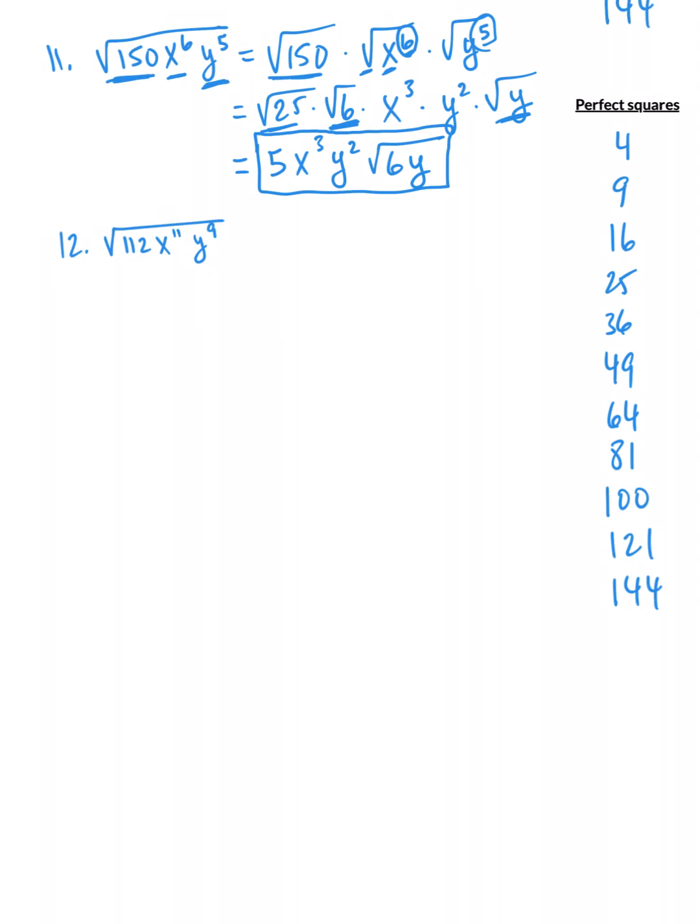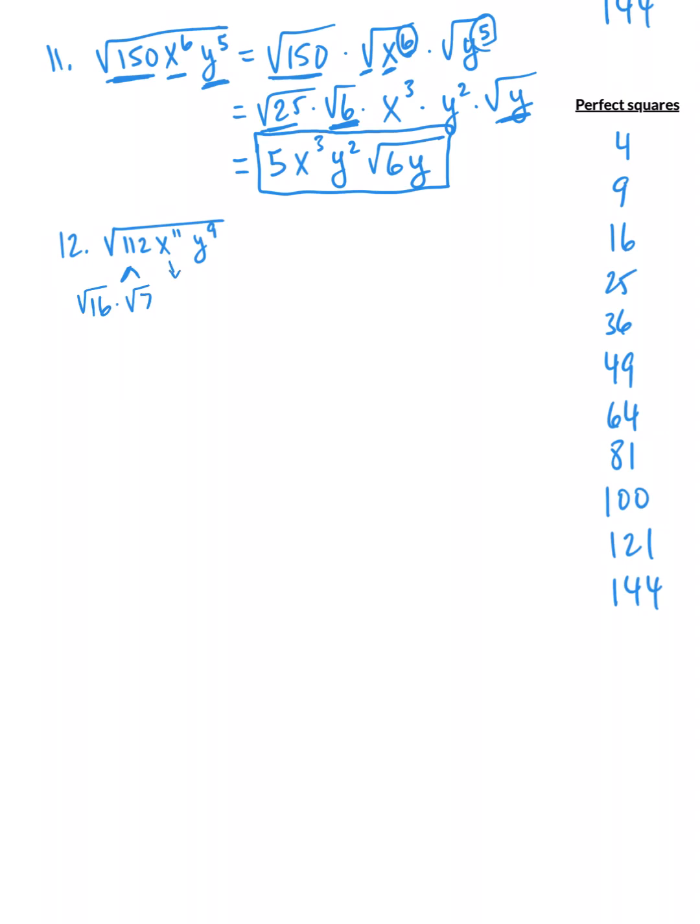You can start off with dividing it by an even number, but really the shortest way is going to be looking for the biggest perfect square that's inside there. So you can see that 16 goes into 112 7 times. So we could rewrite this as the square root of 16 times the square root of 7.